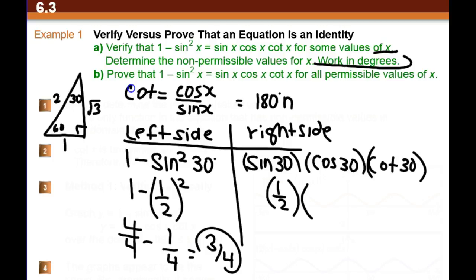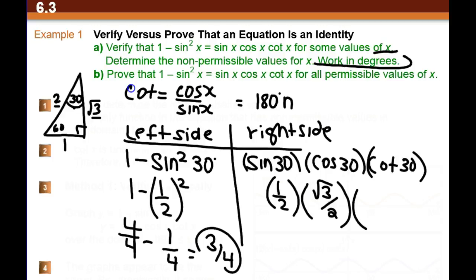Okay, so if we wanted to see what cos 30 is, you go from the 30 degrees and you go adjacent over hypotenuse. So it's root 3 over 2. Or you could look on the unit circle and see what cos 30 was, and it would be root 3 over 2.